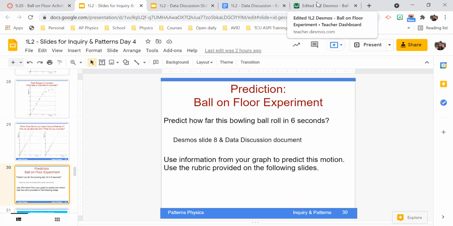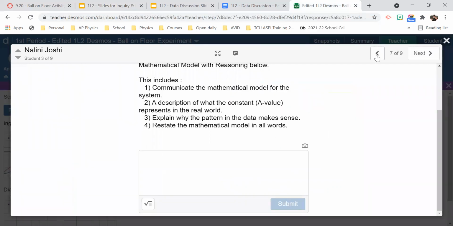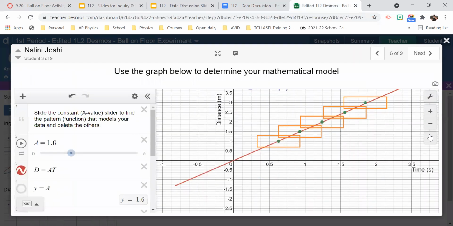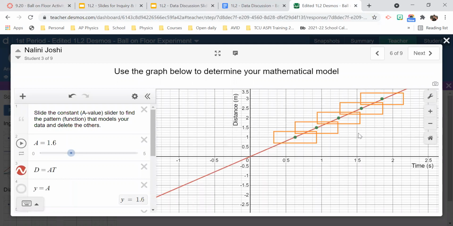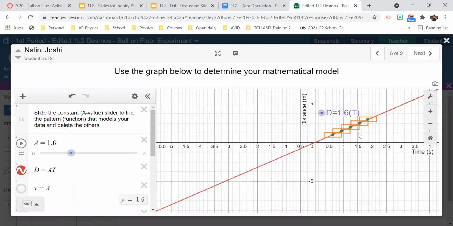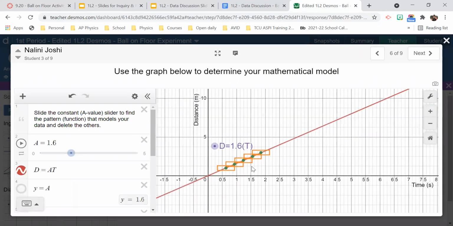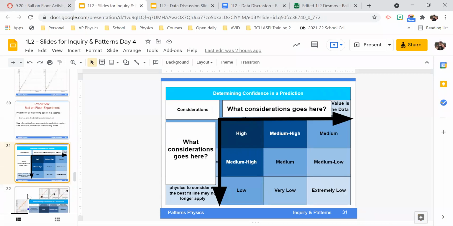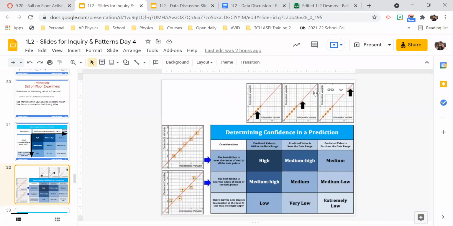I'm going to come over here now to Desmos. So in 6 seconds, I'm trying to back out a bit. Here we go. So you have your data range and you have your predicted value. When we are determining confidence, the only information we had last time was right here.